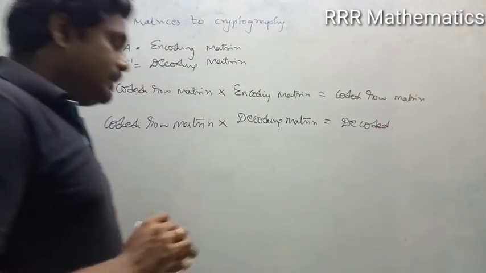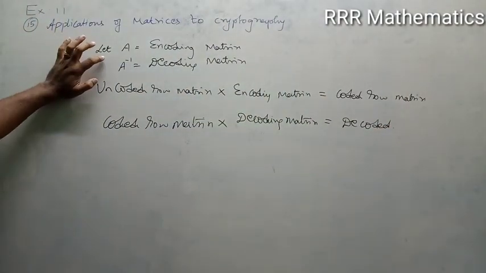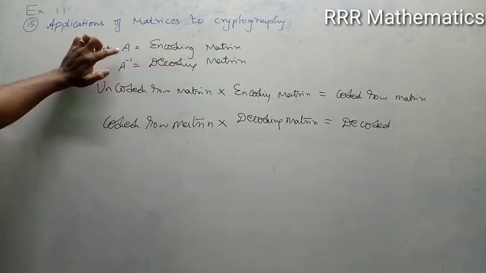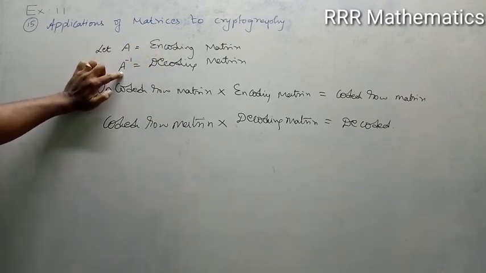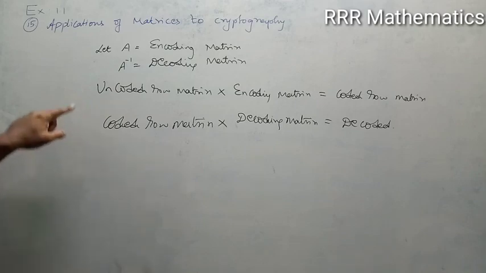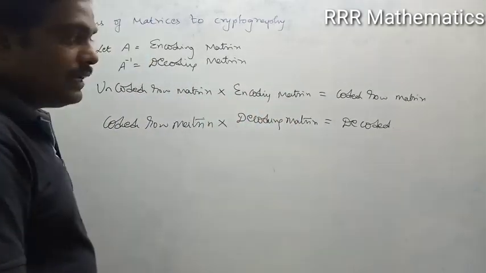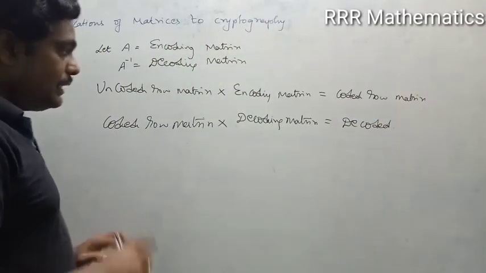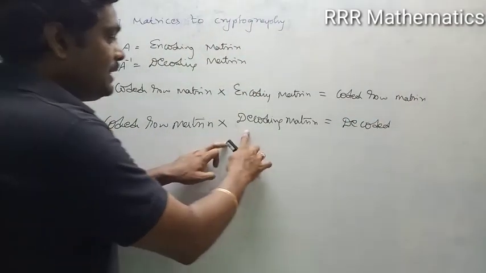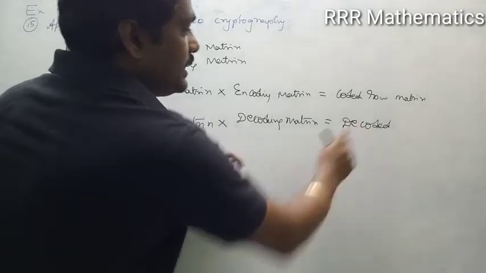That is the output. I will repeat: if I take the given matrix as the encoding matrix A, whose inverse is the decoding matrix, and an uncoded row matrix is given, multiply with the encoding matrix, it gives the coded row matrix. Now the coded row matrix multiplied with the decoding matrix gives the decoded matrix.